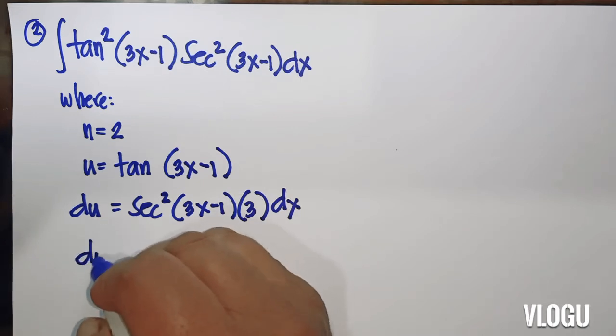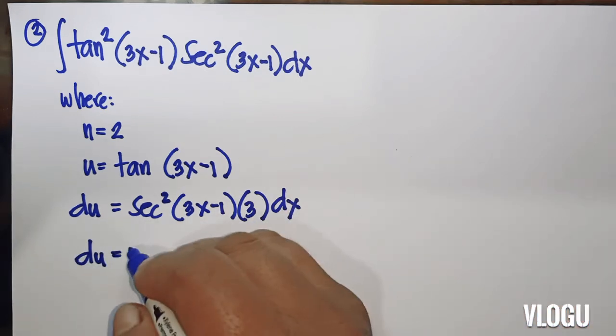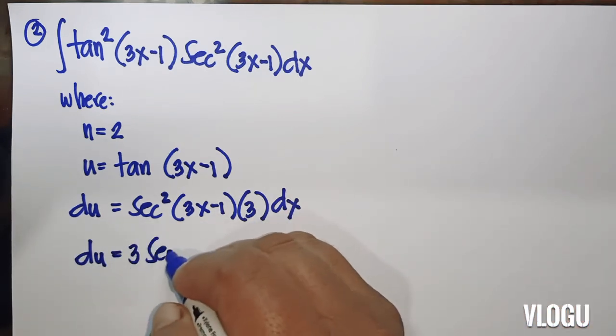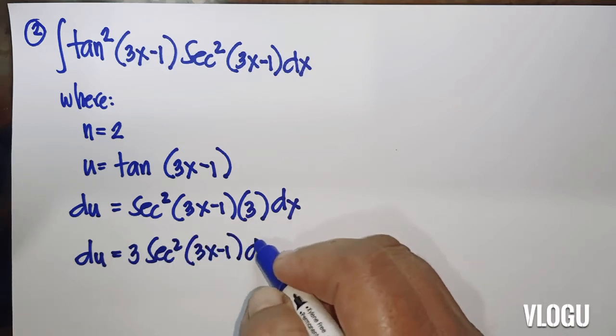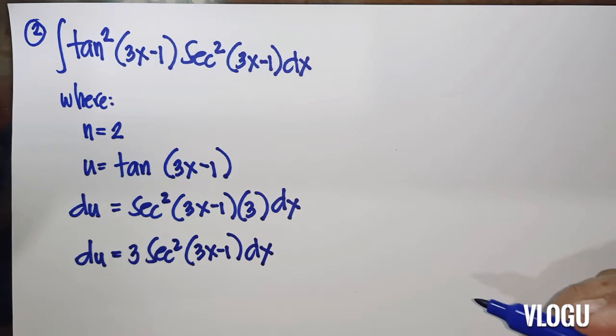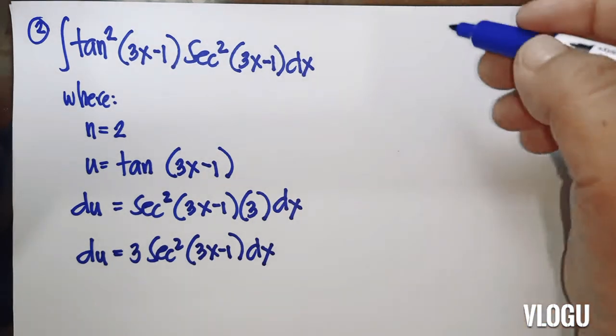So you will have du is equal to 3 secant squared (3x minus 1) dx. So that is our du.